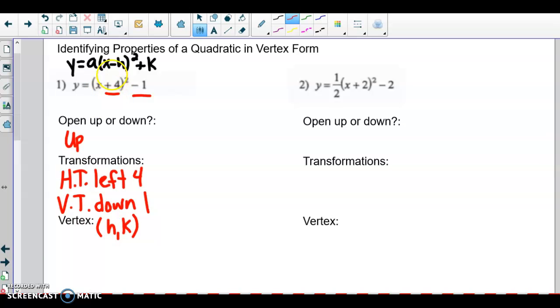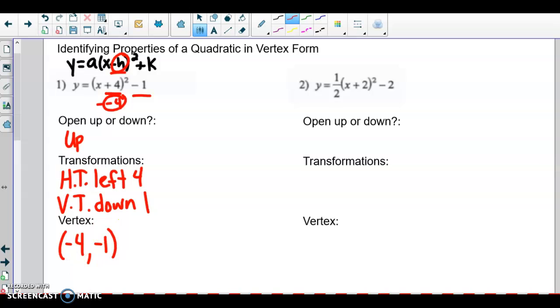Here I see I have minus h in my form, and then I have a plus 4 in my example. Well, how did that minus become a plus? That minus became a plus because it was minus negative 4. So my h is going to be negative 4. And k would be a plus, but I see a minus, so that means k is negative 1.